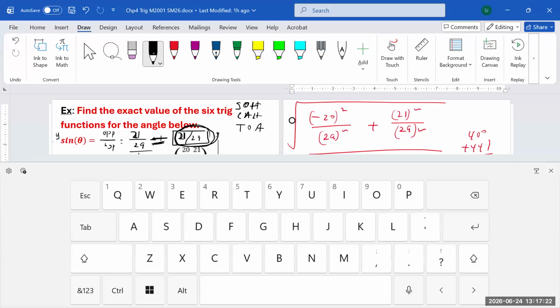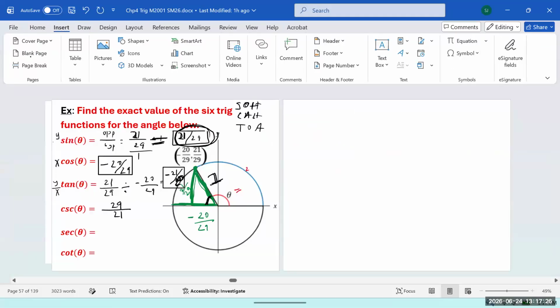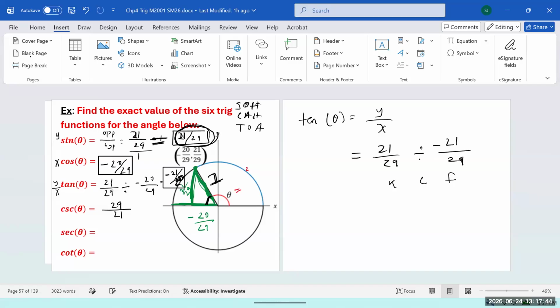Okay, let me get a page here to show you the tangent inside my page. So we have tangent is y/x. Our y value is 21/29. Over means divide 21/29. When you work with fractions, you keep, change, flip.